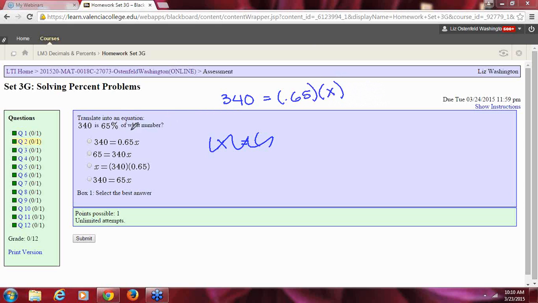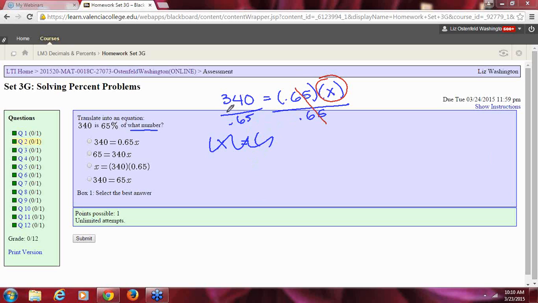And again, whenever we see that phrase what number or what percent, we always use a variable. So in order to solve this, we would actually have to divide by 0.65 because I want to get this variable here alone. And the only way to get this x alone is to do the opposite. Since x is being multiplied by 0.65, the opposite of that is division by 0.65, and you want to do that on both sides.